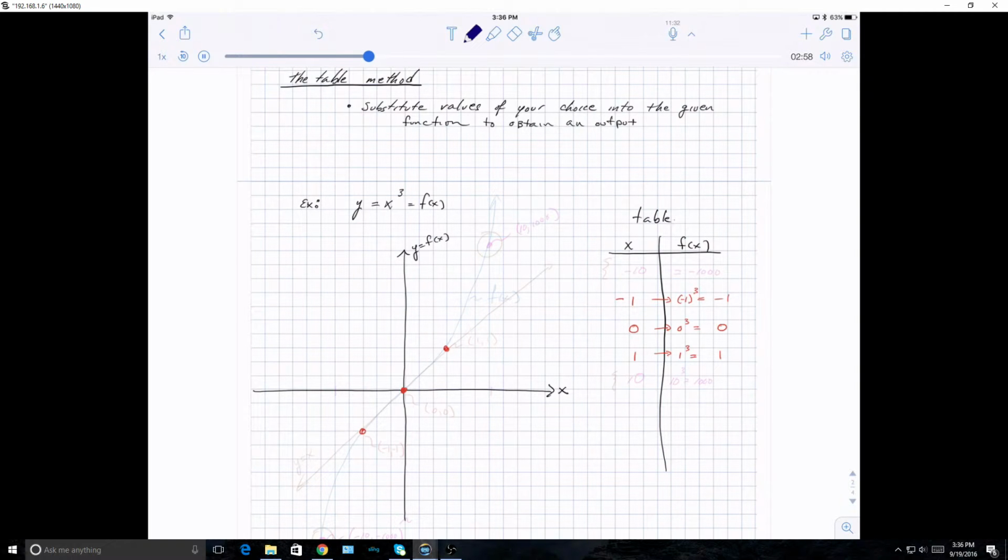So what we have to do is find some value that's before and some value that's after, and try to make it really big or really small in this case. So the two values that I'm going to pick here are going to just be -10 and 10. So if we just input 10, then that means we're going to get 10 cubed, or 1,000, and likewise up here we'll have a -1,000.